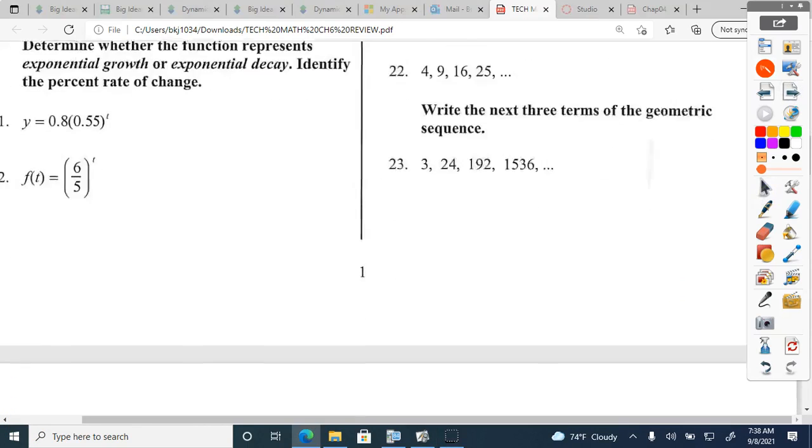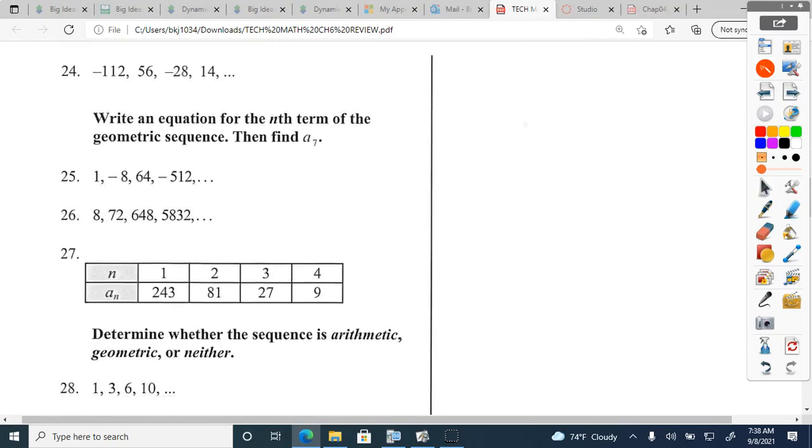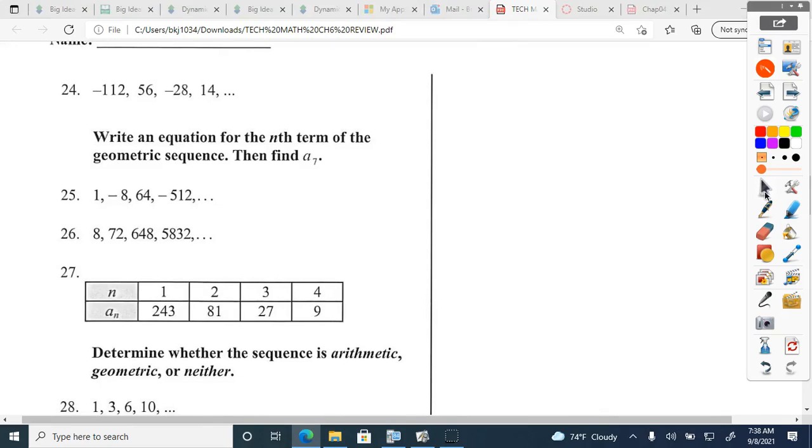24, I believe, is like 23. We got to write the next 3 numbers in the sequence. So let's figure out what is happening here. I'll come over here and do 24. Figure out R. 14 divided by what's coming in front of it would be -28. So that reduces to -1/2. So we are just dividing by -2 or multiplying by -1/2, in other words.